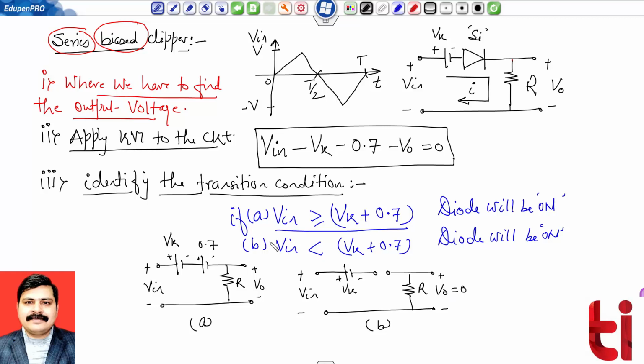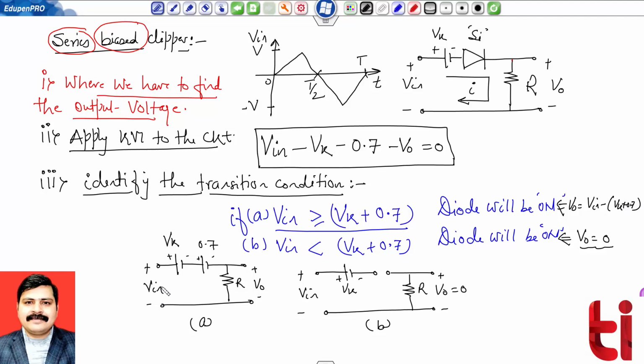So I am taking a direct judgment for case number 2: my output voltage V naught will be equal to 0. And for case A, my output voltage is Vin minus Vk plus 0.7.